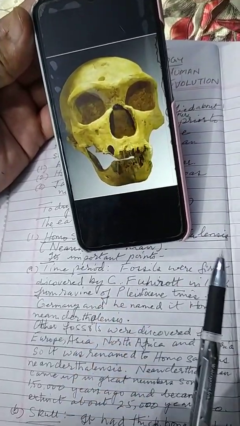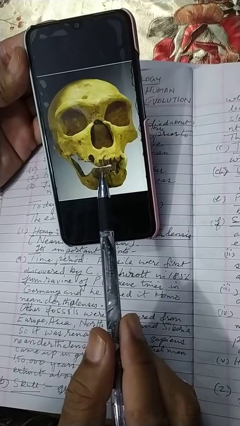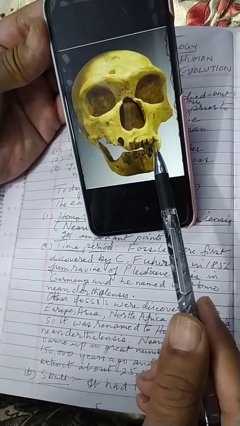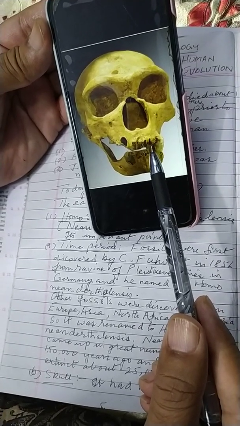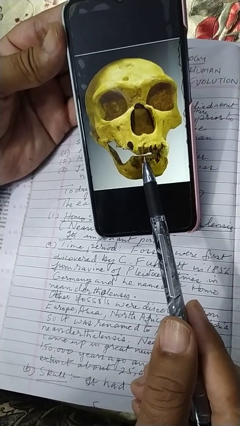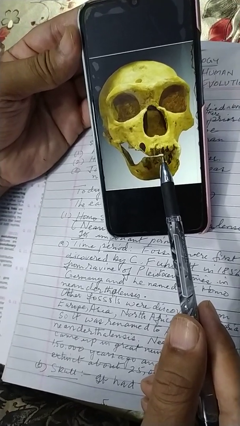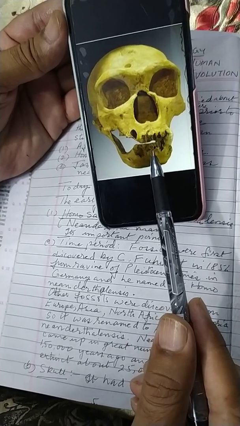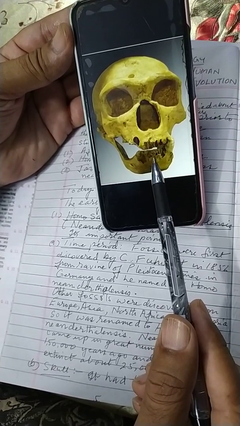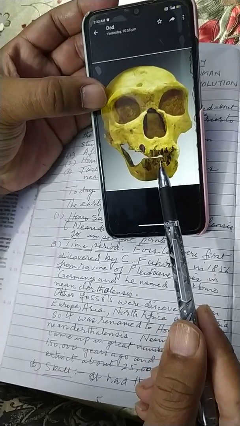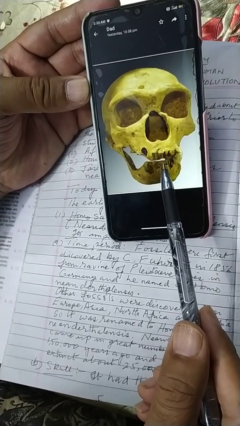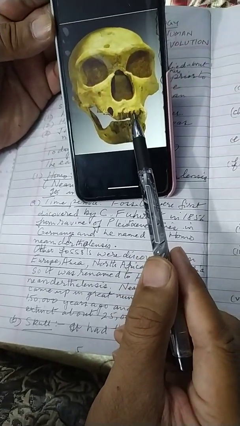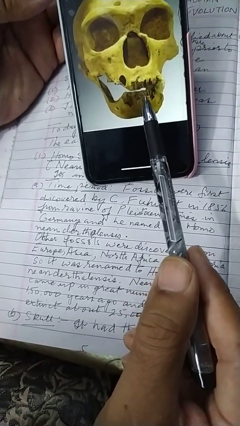These fossils were first discovered by C. Feuerroth in 1856, from the ravine of Pleistocene times in Germany, and these ravines were called Neanderthal ravines. He named it Homo neanderthalis, as these fossils were found in the ravines of Neanderthal.